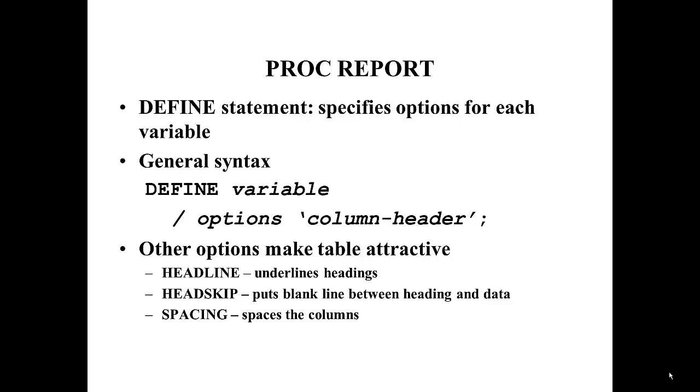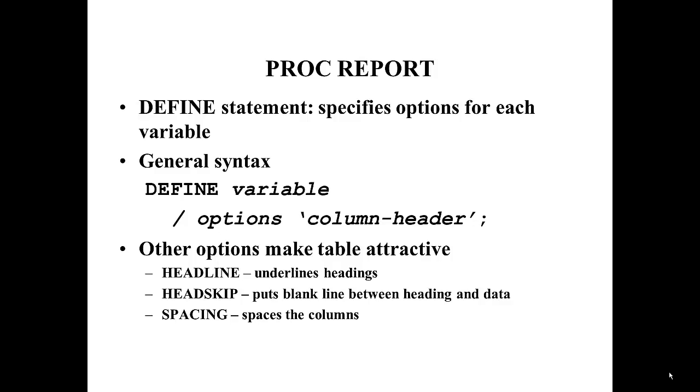So if you have a variable such as age group, spelled AGEGRP, abbreviated, you can make a column header that's age and then separately group. So you're actually giving a label to that variable within Proc Report.